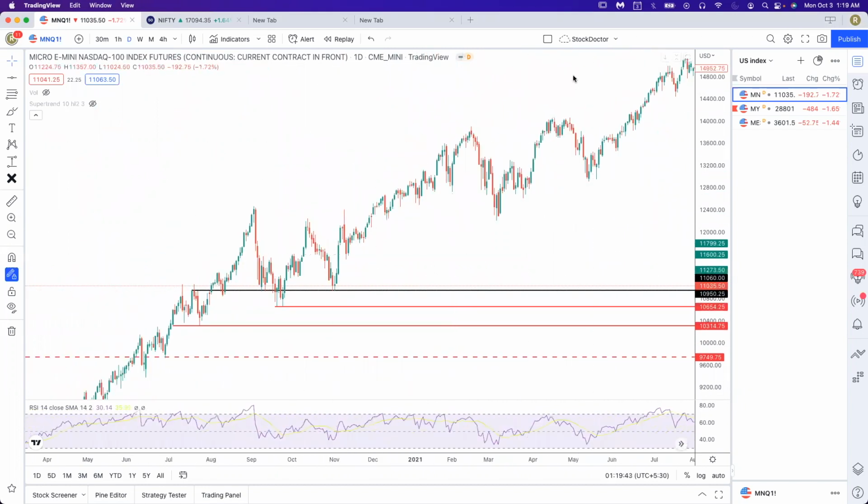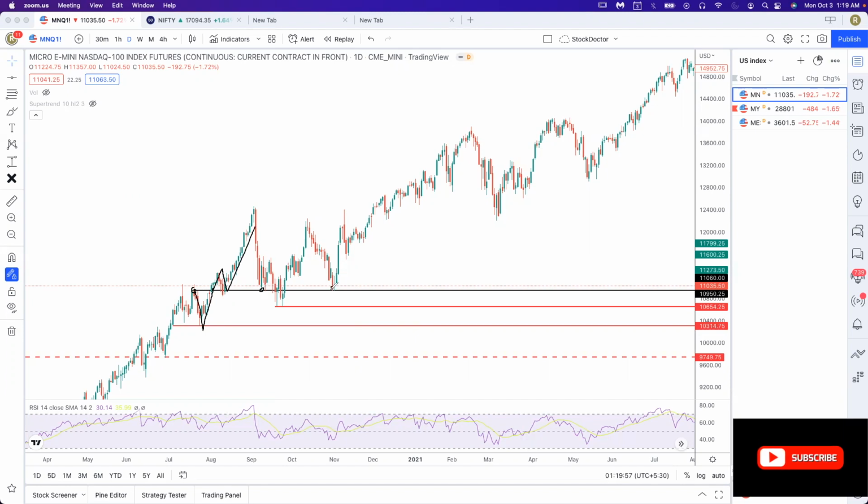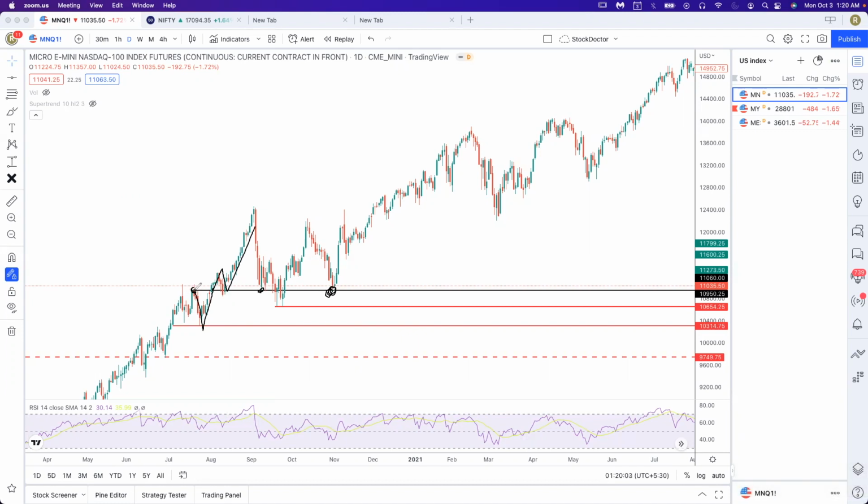This was the high, then it went down, then again tested this, came down, went up, and tested here multiple times. So this is an important area for me, and I said 10,950 to 11,050 is the important support area, and that is a very strong support area.